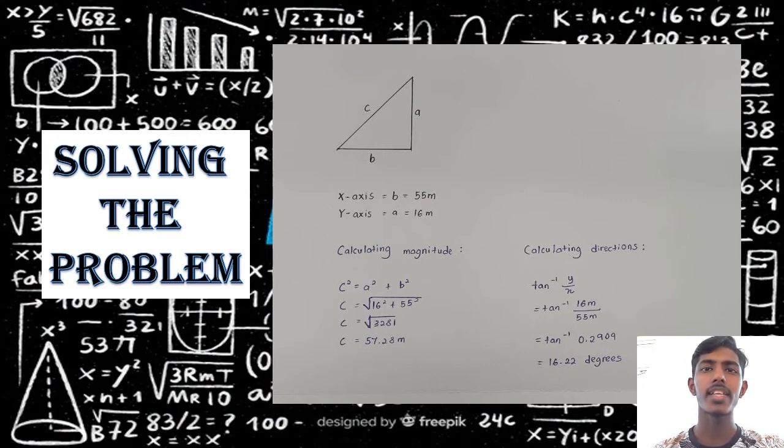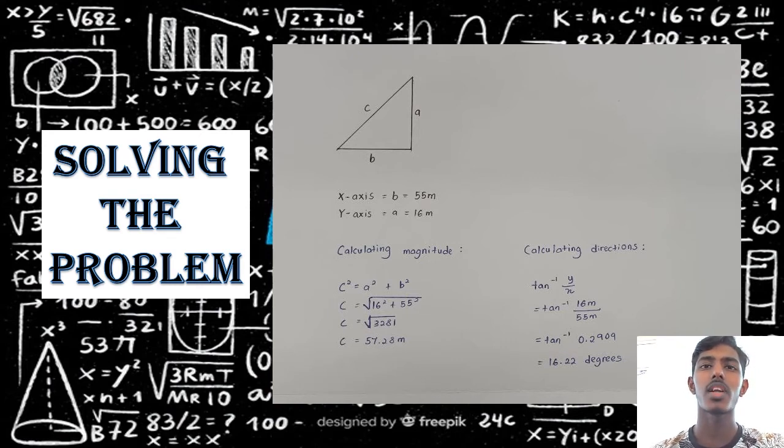To calculate the magnitude, the formula is c squared equals a squared plus b squared. C equals square root of 16 squared plus 55 squared, equals square root of 3281. So we get C, the magnitude, equals 57.28 meter.